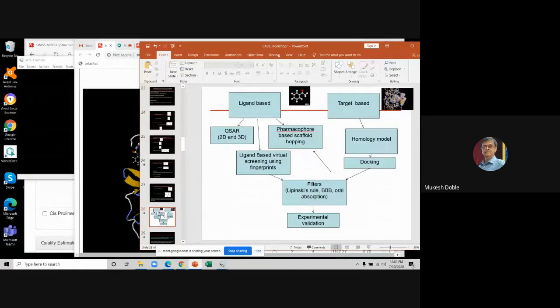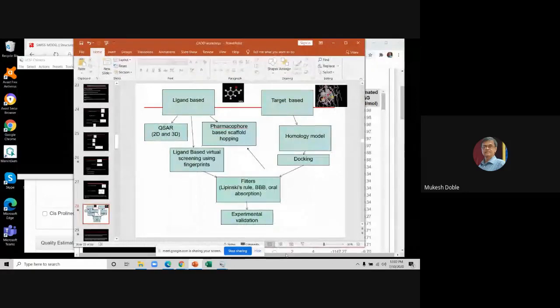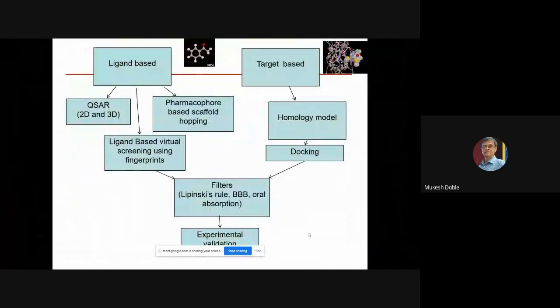We saw a lot of things in the past 4 days related to several websites, several web servers, all freely available software for getting properties of molecules: experimental properties which are already stored, theoretical properties which can be calculated, because structural descriptors, features, ADME properties, drug likeness property are very, very important to prove or disprove whether a molecule candidate could be a drug or not. So that's very, very important. That's why I spent the first day on it.